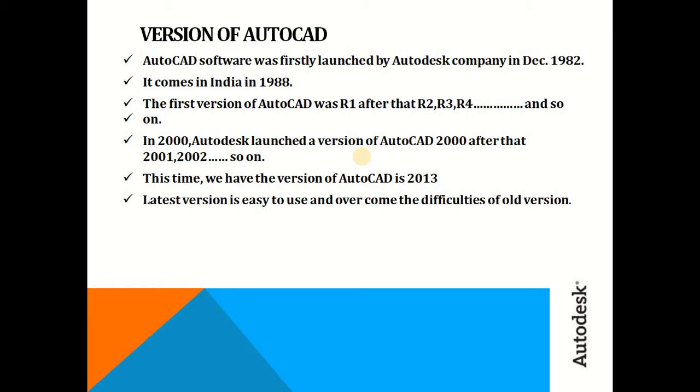After that 2001, 2 and so on. And today in market, 2019, 2020, the new versions are also available. This time we have to go through the version of AutoCAD 2013. The latest version is easy to use and overcomes the difficulties of old versions.